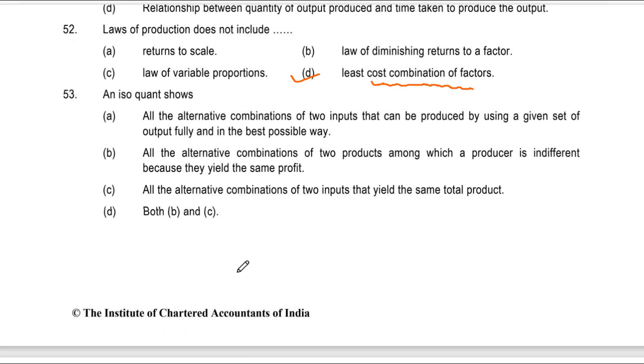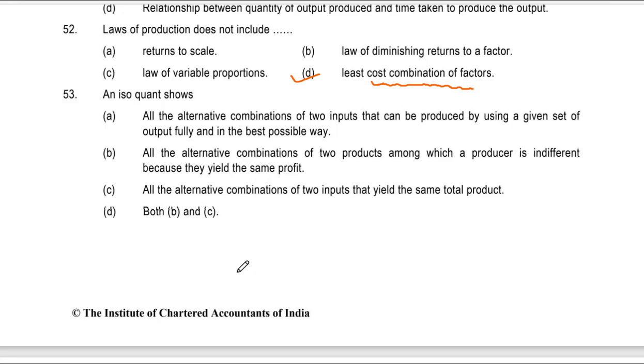An isoquant shows A. all the alternative combinations of two inputs that can be produced by using a given set of output fully and in the best possible way. B. All the alternative combinations of two products among which a producer is indifferent because they yield the same profit.